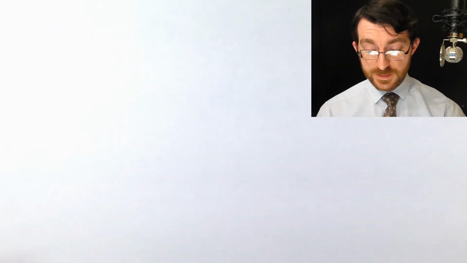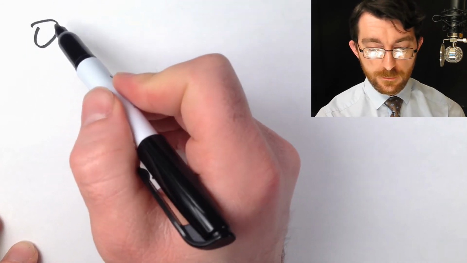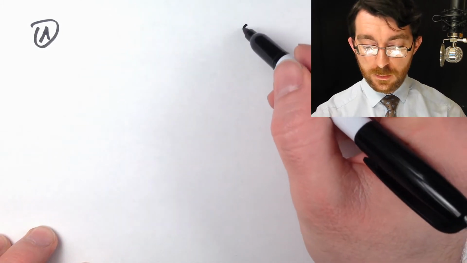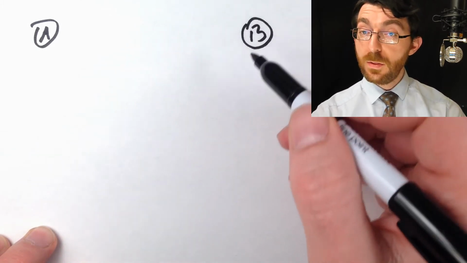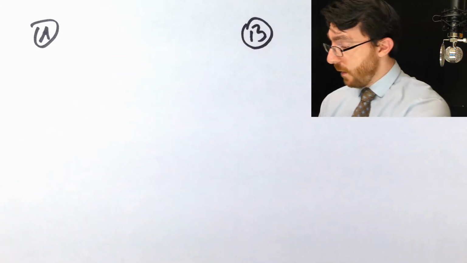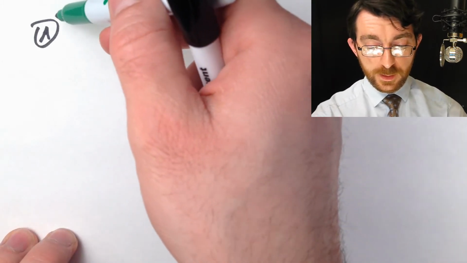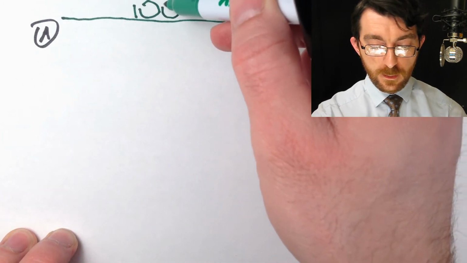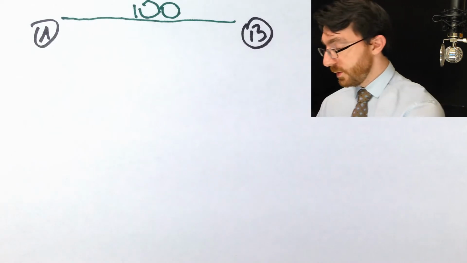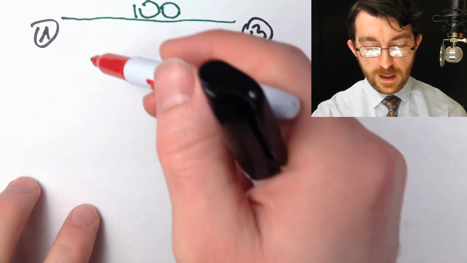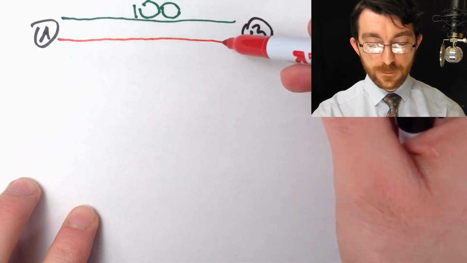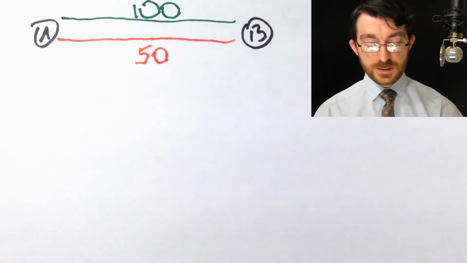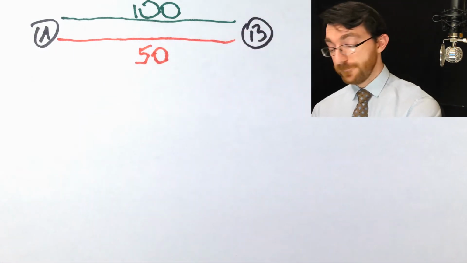Alright, so the problem as stated had point A with a poorly drawn circle leading to point B with a nicely drawn circle. One path, colored green, transports cars at a rate of 100. The other path, colored red, transports cars with a rate of 50.